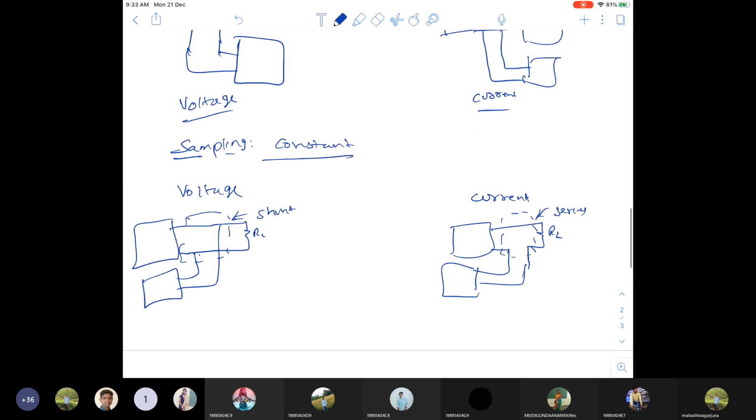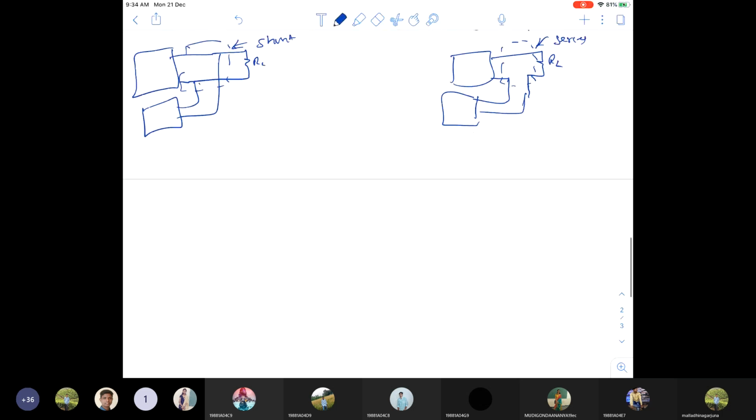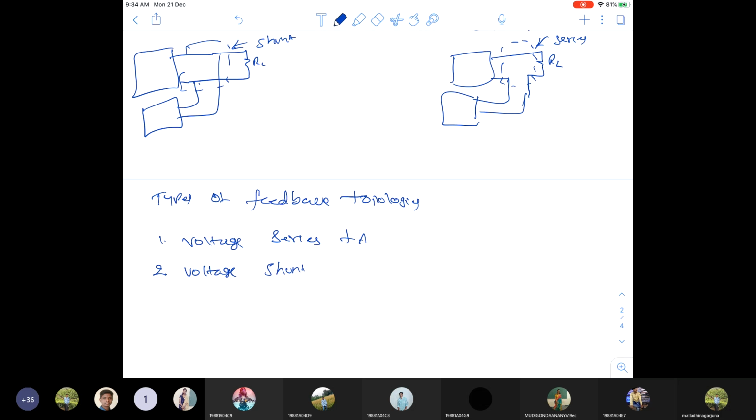Based on this, the types of feedback topologies are: voltage series feedback amplifier, voltage shunt feedback amplifier, current series feedback amplifier, and current shunt feedback amplifier.